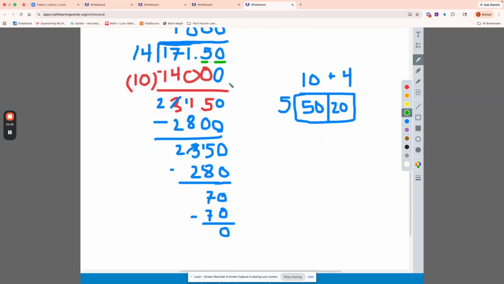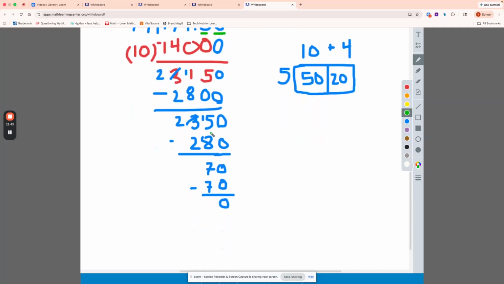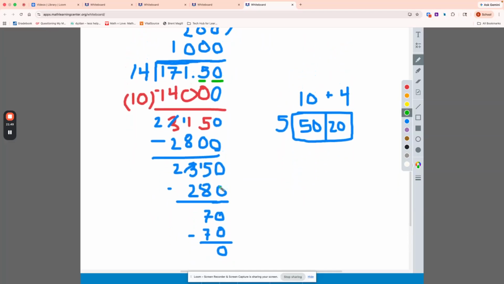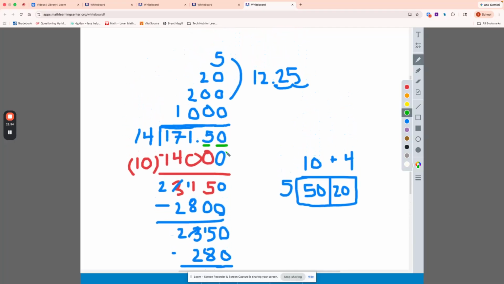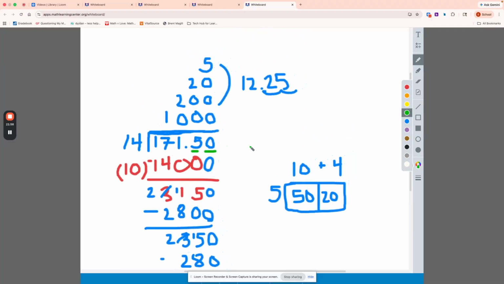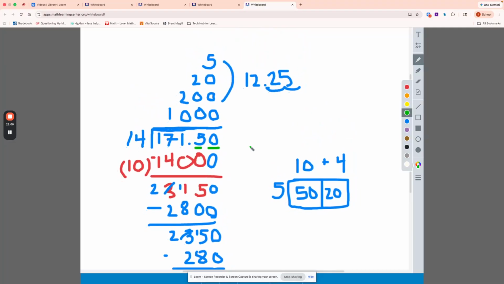We could use that multiple again for the next amount left. All right. And we ended up with 7. So we had to add that 0 to continue to divide up the place value. All right. Or the amount. So 12 and 25 hundredths is our answer.